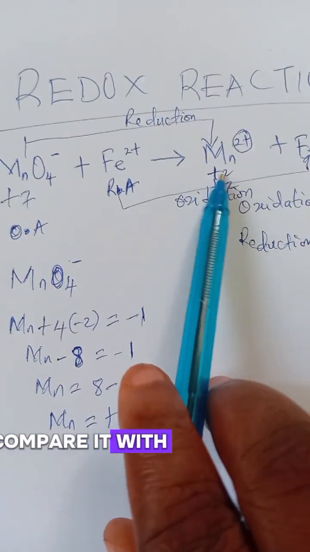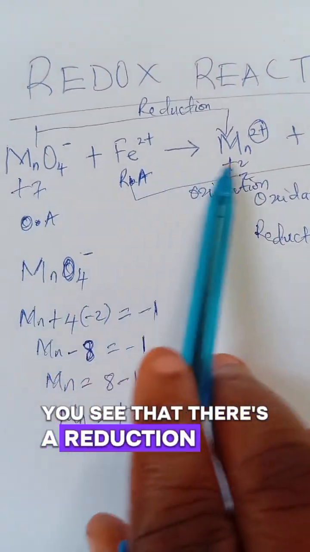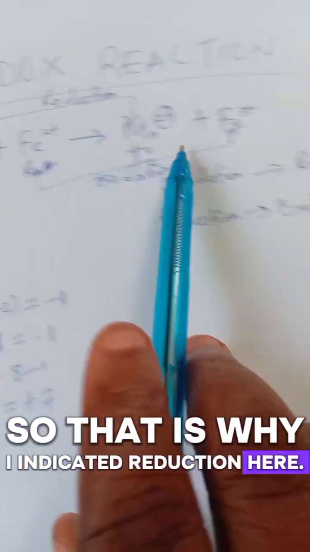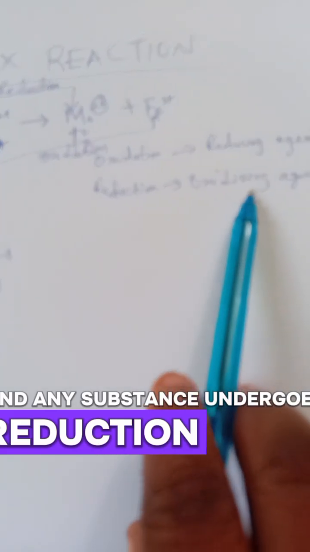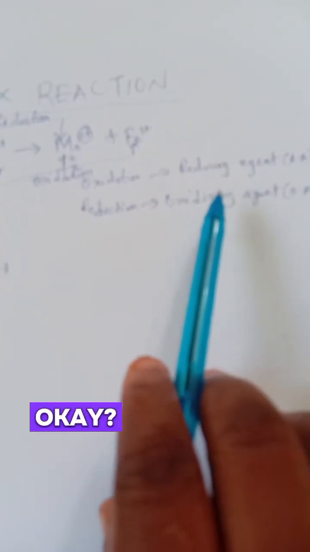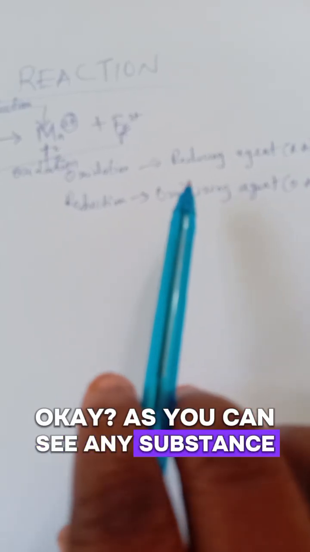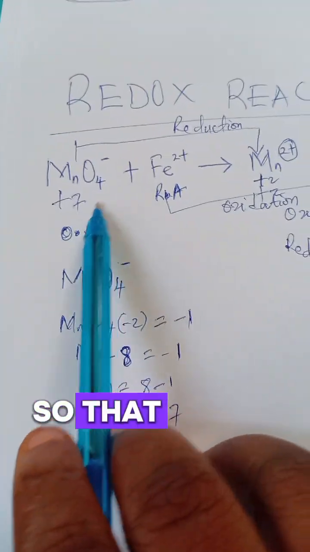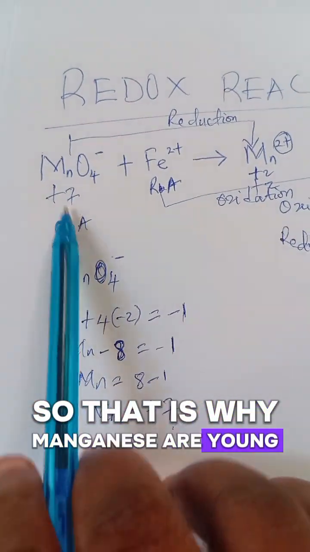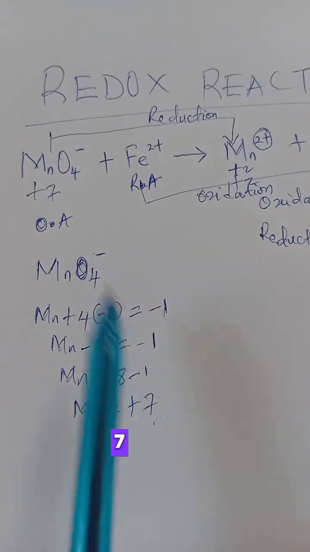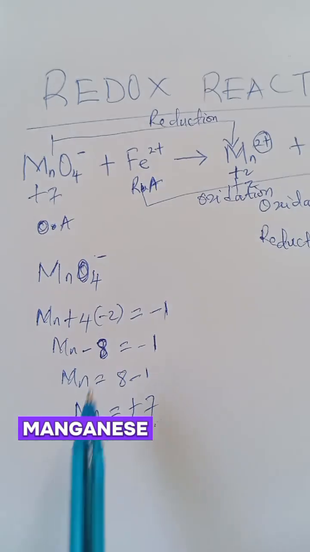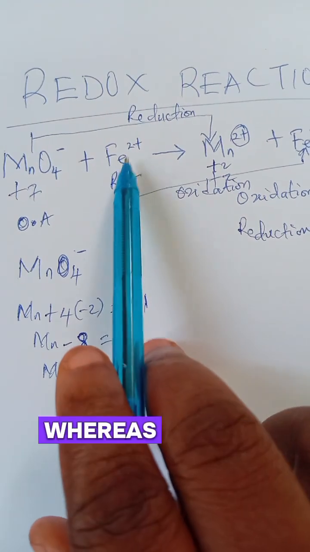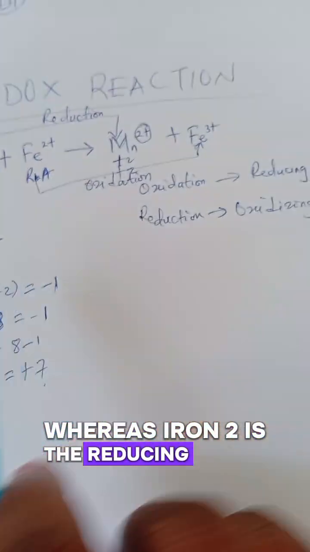Compare it with manganese 2. You see that there's a reduction from +7 to +2. So that is why I indicated reduction here, and any substance that undergoes reduction is the oxidizing agent. That is why the manganese 7 ion is the oxidizing agent, whereas iron 2 is the reducing agent.